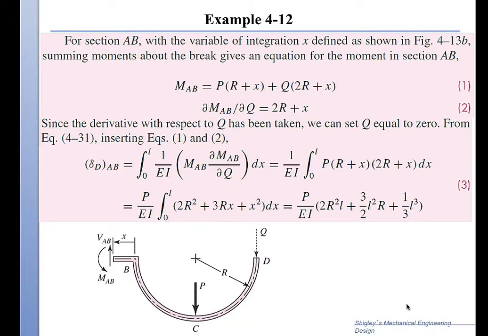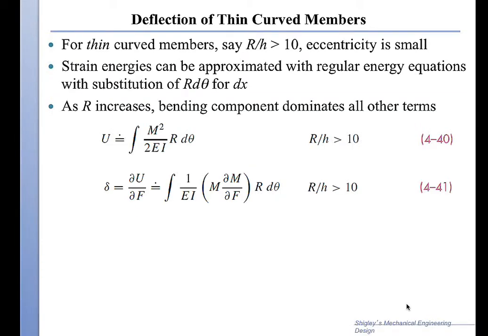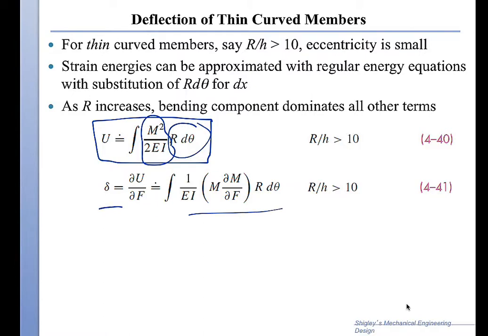Now I should move on to find the deflection as a result of the energy stored in BC. And this will be a curved section, but I now learned from a curved section that the energy stored is M squared over 2EI, that's approximate, times R d theta. So this is R d theta. And the deflection, we take the derivative with respect to the force. So we'll do the same in here.